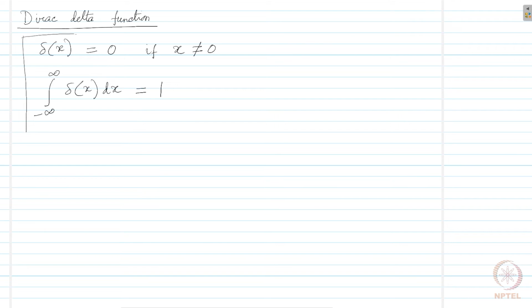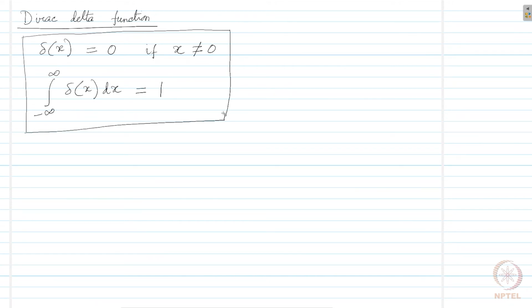That means whenever the argument of the Dirac delta becomes 0, this kind of an integral gives us the value 1.